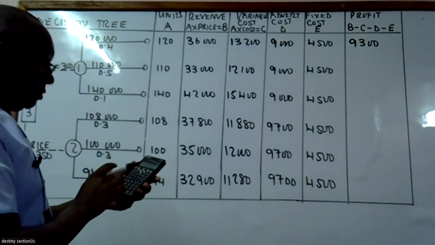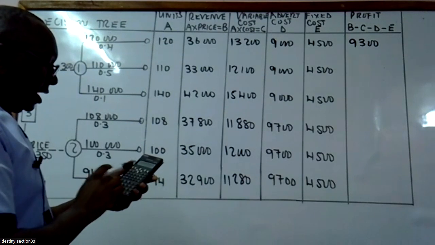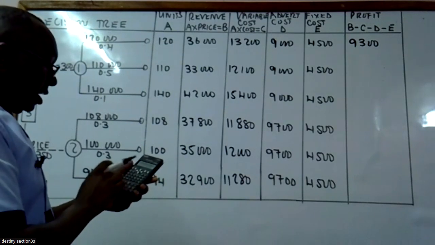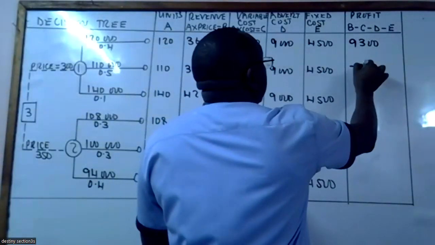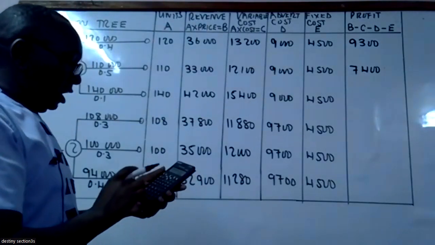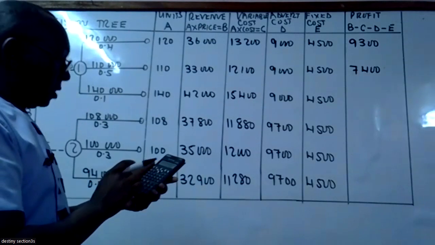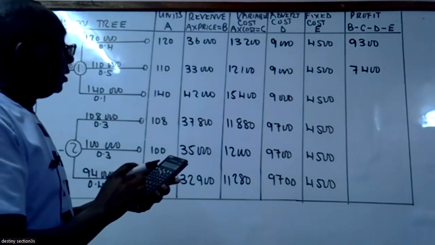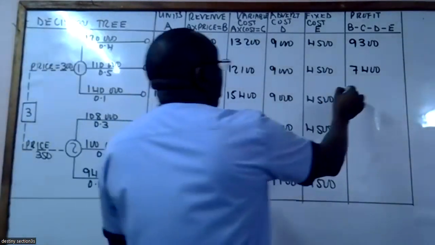That 33,000 minus 12,100 minus 9,000 minus 4,500 is 7,400. Then 42,000 minus 15,400 minus 9,000 minus 4,500 is 13,100.